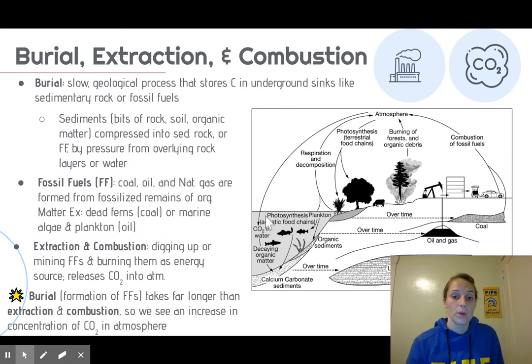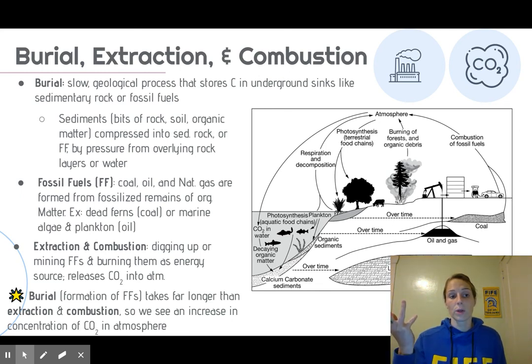And when we talk about this kind of imbalance, you need to remember that burial and formation of fossil fuels takes way longer than extraction and combustion. So this is why we're seeing an increase in concentration of carbon dioxide in the atmosphere, because these processes are happening super fast where we're combusting it. You have more and more cars, you have more and more oil being dug up, and it's releasing carbon dioxide into the atmosphere.